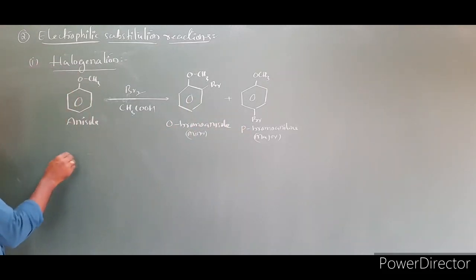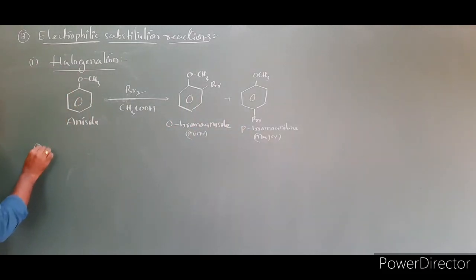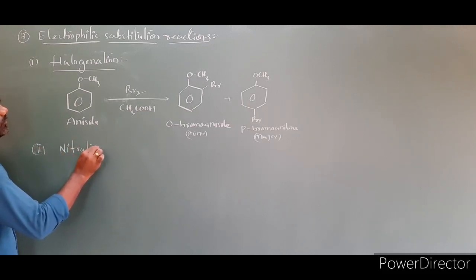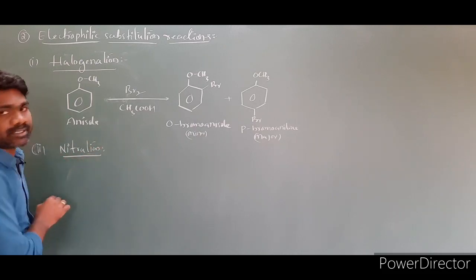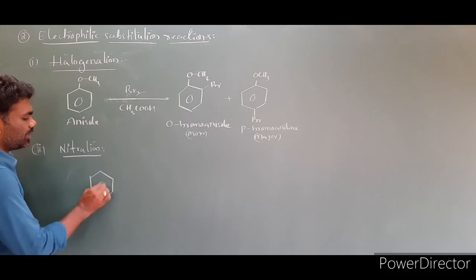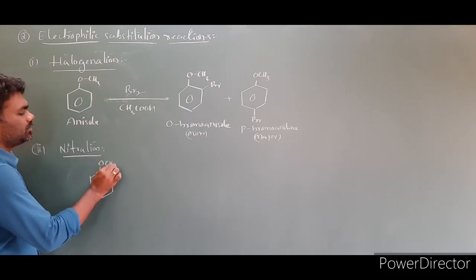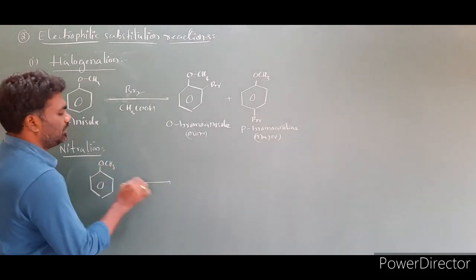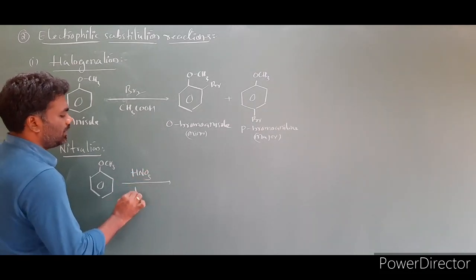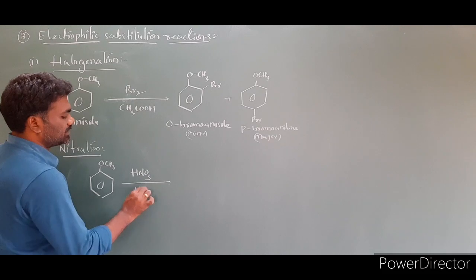Then I am taking another example. The second one is nitration, the second electrophilic substitution reaction. Anisole reacts with concentrated nitric acid and concentrated sulfuric acid.